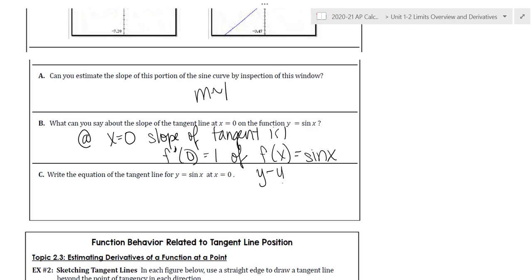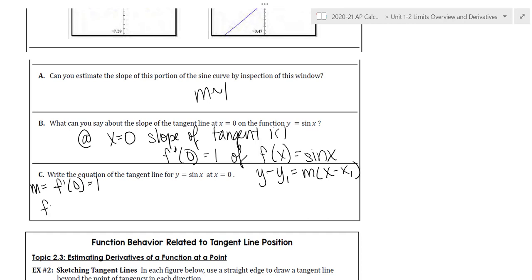You know that a line equation using point slope is y minus y1 equals m times x minus x1. So we're just going to plug in some values. I know that if I were to plug in a 0, f prime of 0, or the slope, is going to be 1.